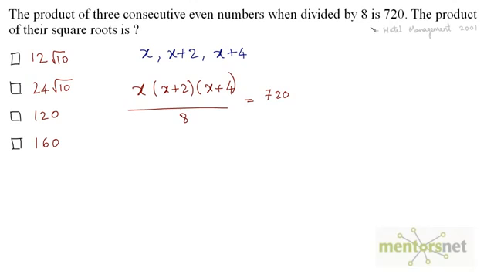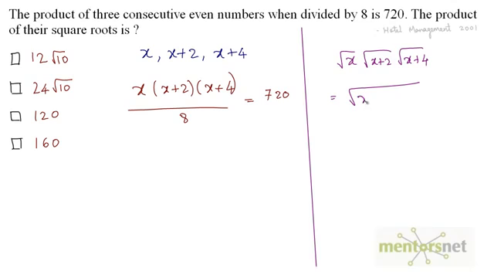What has been asked is under root of x times under root of x plus 2 times under root of x plus 4. This can be simplified to under root of x times x plus 2 times x plus 4. Now we can get this value from here. So x times x plus 2 times x plus 4 is equal to 720 times 8. Let's put this value here.